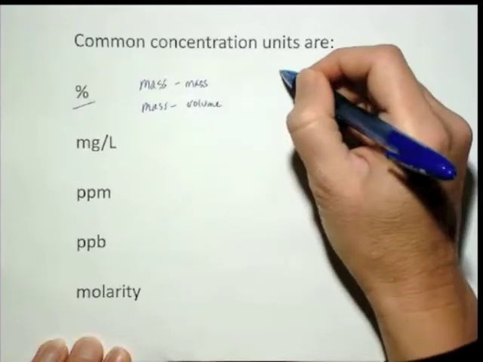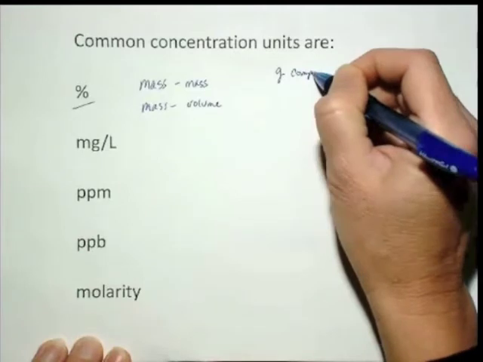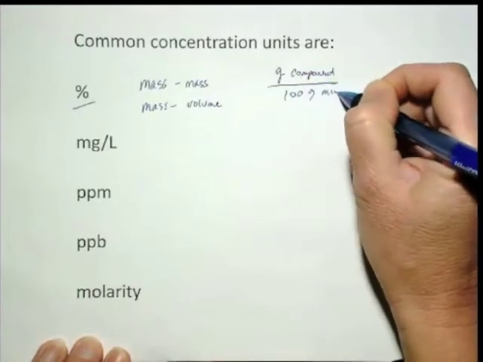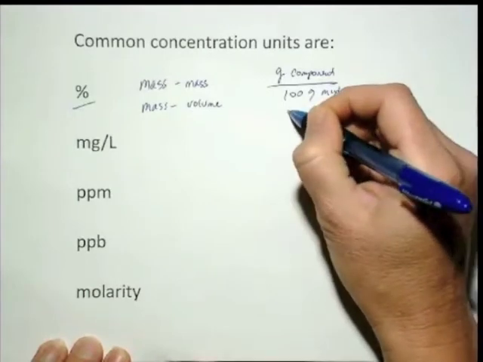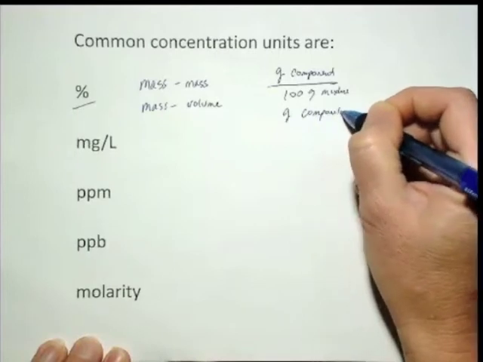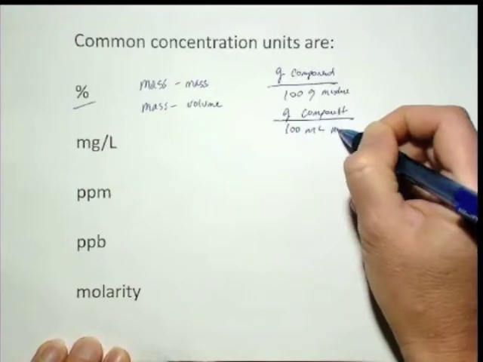When we talk mass, we're talking about grams of some component of your mixture per 100 grams of the total mixture. And for the mass volume, it's the grams of whatever component you're talking about per 100 milliliters of the mixture.